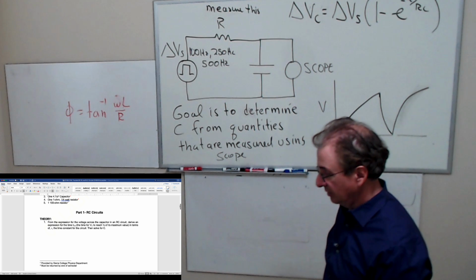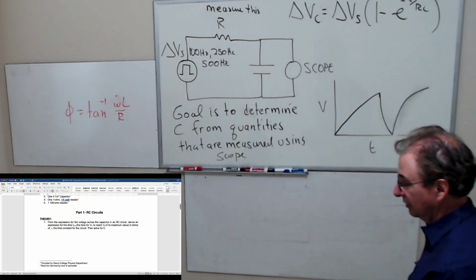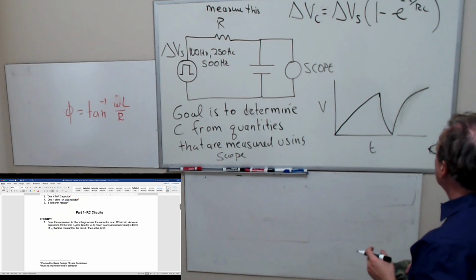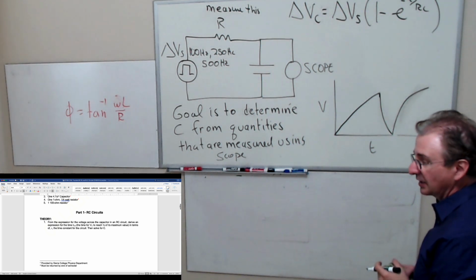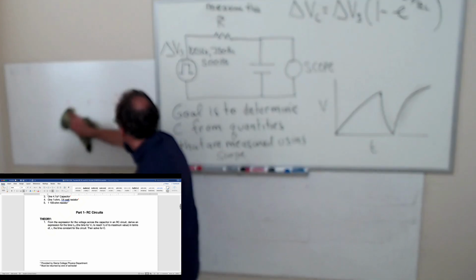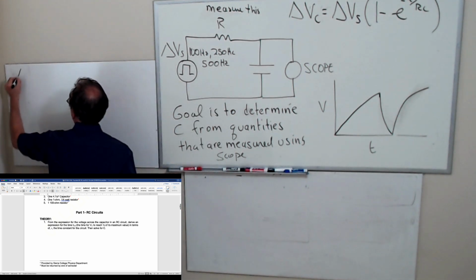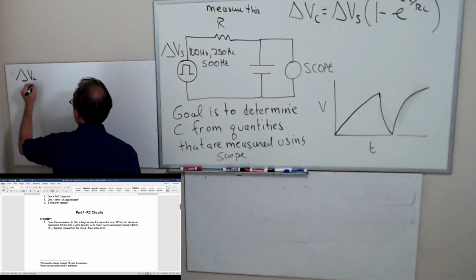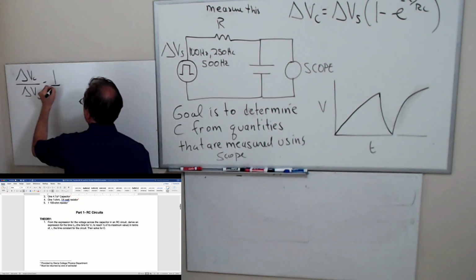Question is, at what time is the voltage across the capacitor 1/2 its maximum value? In other words, when is the ratio of delta V sub C over delta V sub S equal to 1/2?